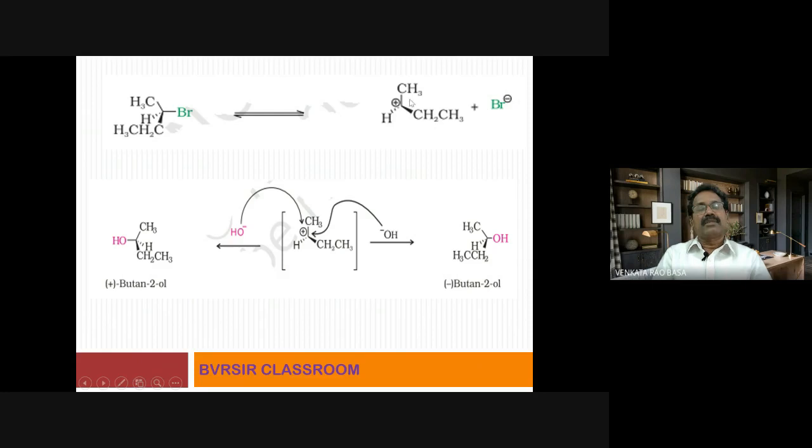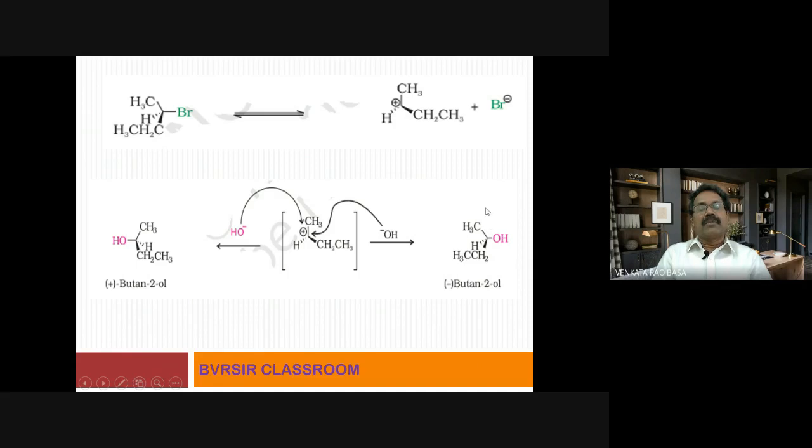Now this one and this one are the same. OH minus can approach from this direction or from this direction. If it approaches from this direction, this will be the product formed, plus butan-2-ol. So on the opposite side, Br is on the right side, here OH is on the left side. Imagine that OH is approaching from this side. I am showing with the cursor. Then this will be the product formed. That is retention of configuration. These two configurations are the same. This is minus butan-2-ol.